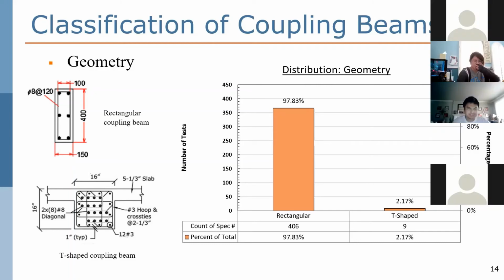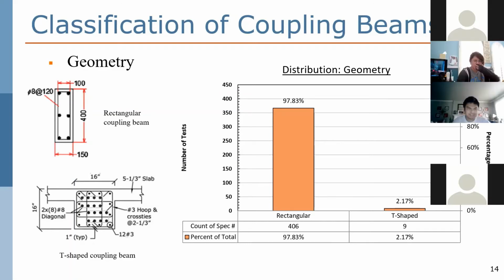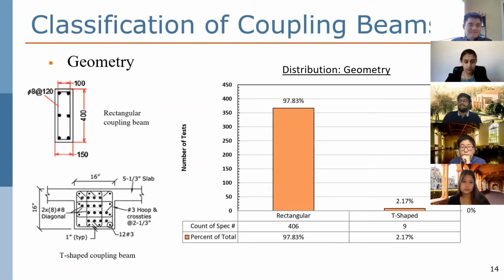Now we have the distribution of coupling beams based on the cross-section geometry. Most of the documented beams are rectangular in nature, and some of the beams are T-shaped. The T-shaped geometry is associated with slabs on top of coupling beams, which is usually the case in buildings. But most of the experiments are for rectangular cross-sections.